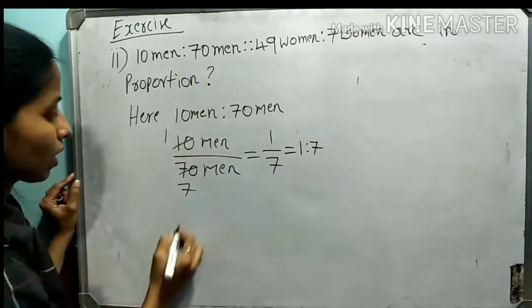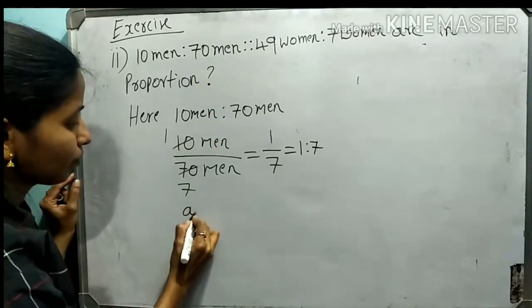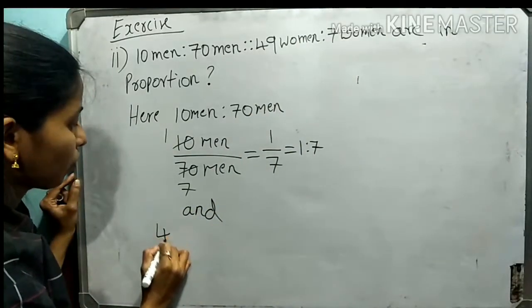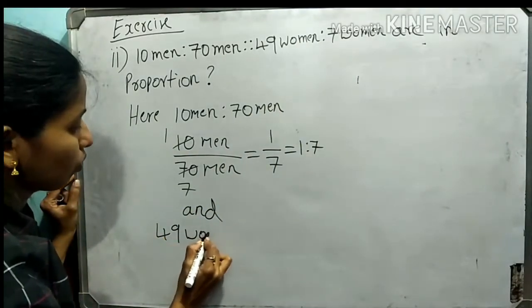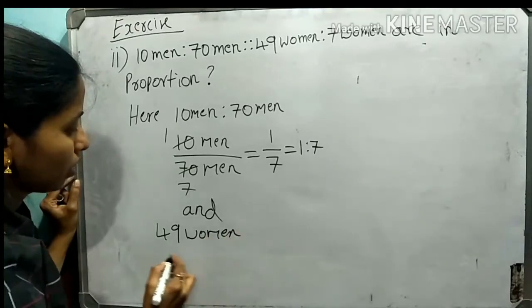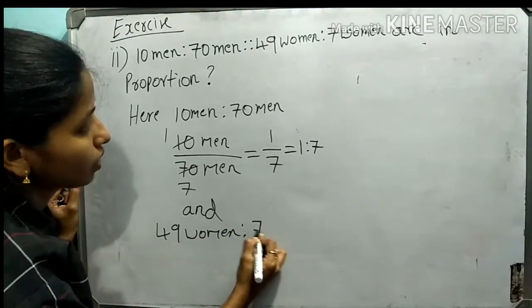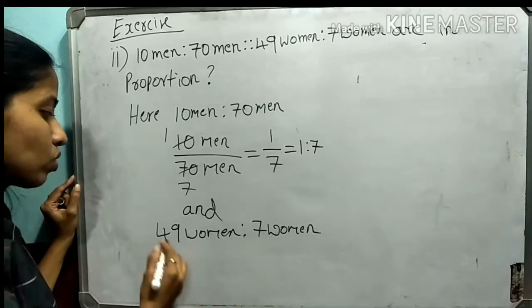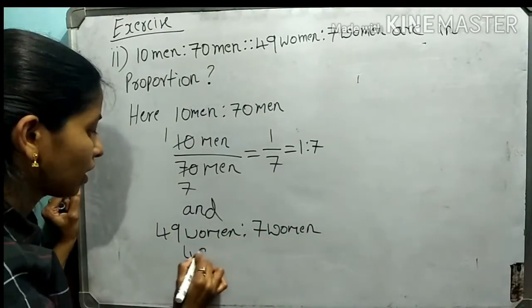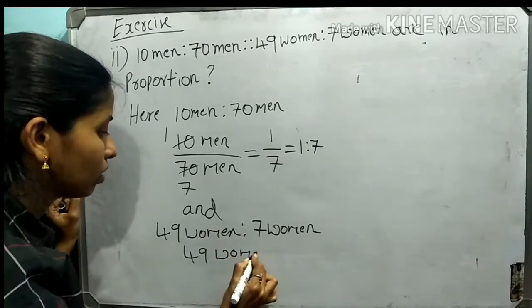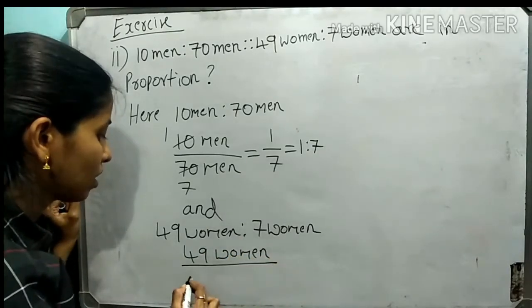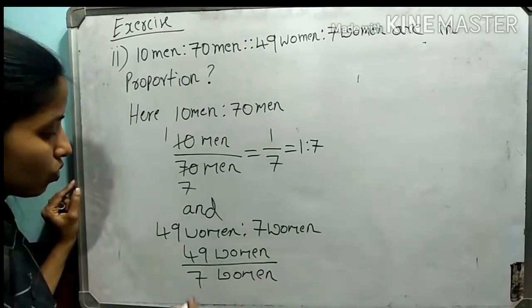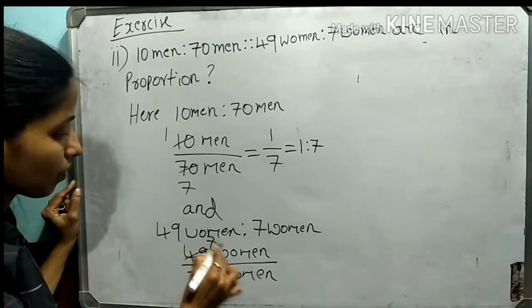Now the second ratio, 49 women is to 7 women. We can write this as 49 women divided by 7 women. 7 ones are 7, 7 sevens are 49.